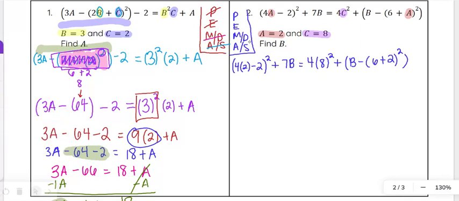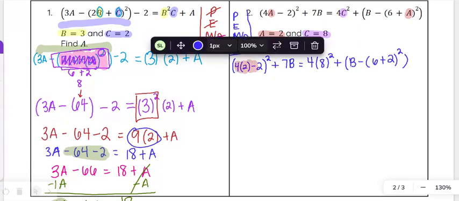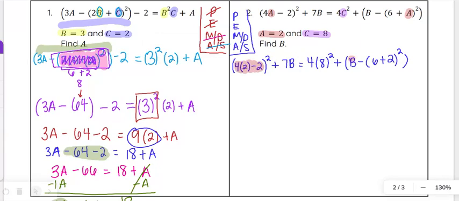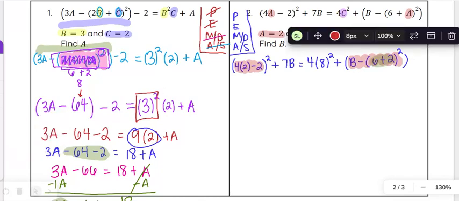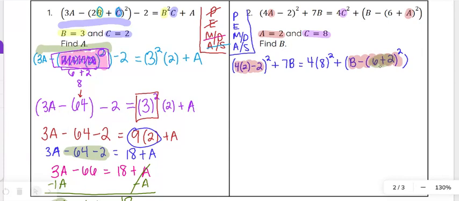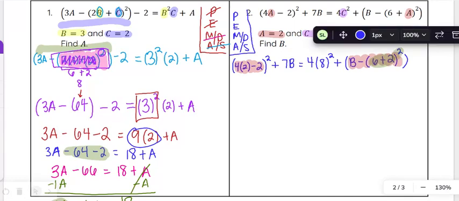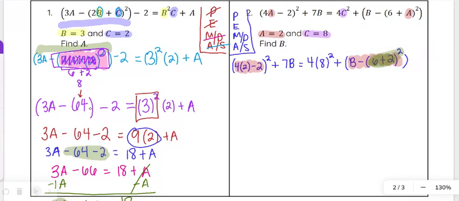So following our order of operations, we do need to do what's inside the parentheses first. So let's do this and this. Within that one on the right side, we actually need to do this first before we can do the entire set of parentheses. We'll do the 6 plus 2, then we'll square it, and then we can go on to b minus that.